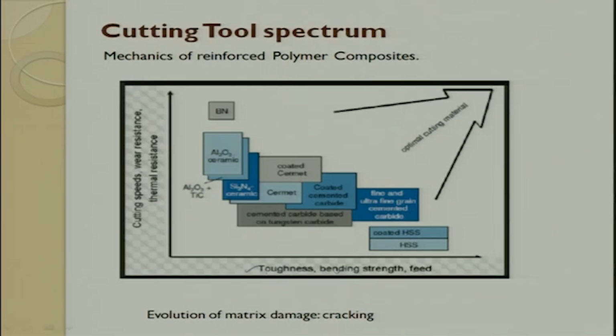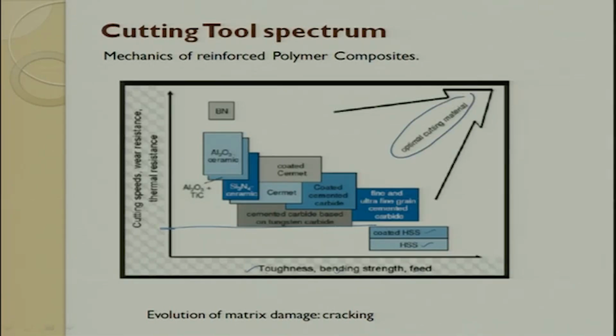Here, HSS and coated HSS give you a wonderful performance, but the cutting speed, wear resistance and thermal resistance are extremely poor for HSS. We would like to have higher toughness, higher wear resistance and thermal resistance, and go for higher cutting speeds.